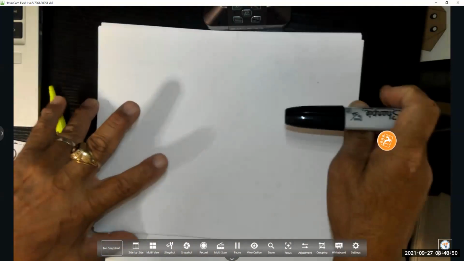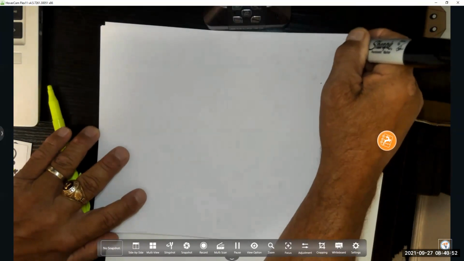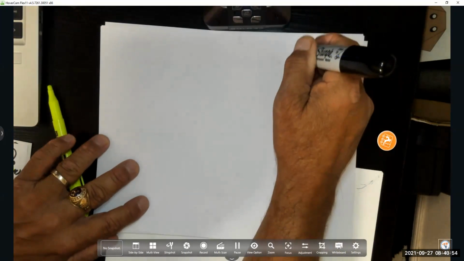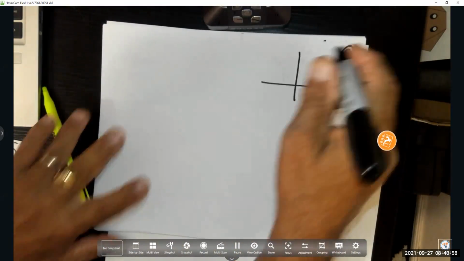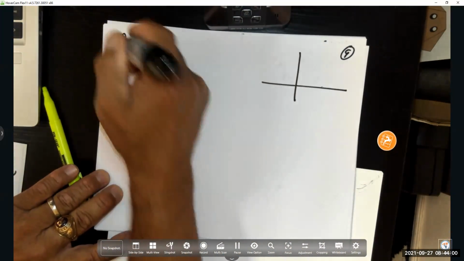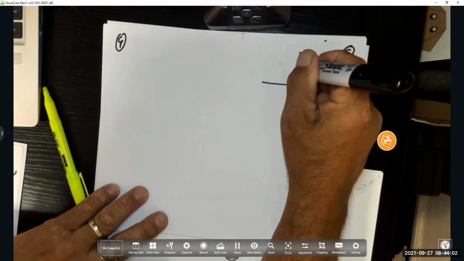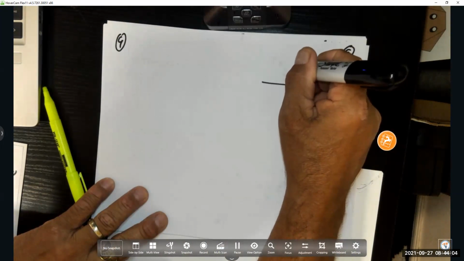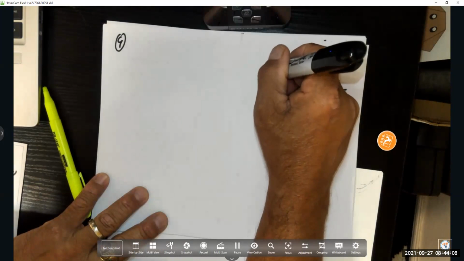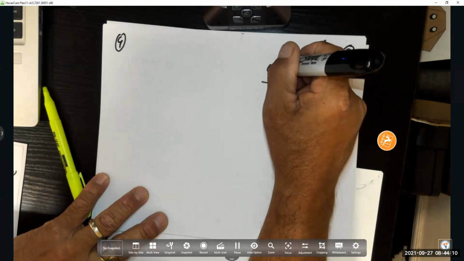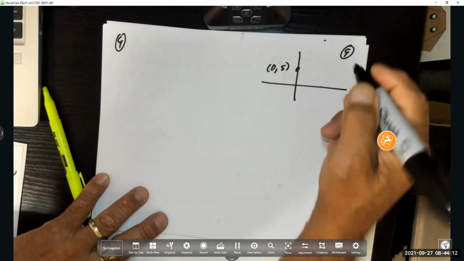So I'm going to draw another graph. And it's going to say question number 9. All right, so I'm going to do this. Let's say I'm changing the numbers. At 0, this is 5 or something.